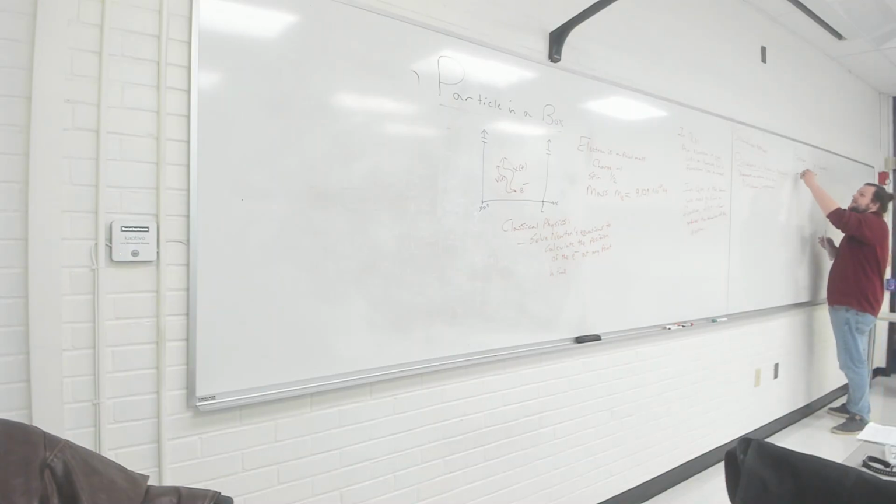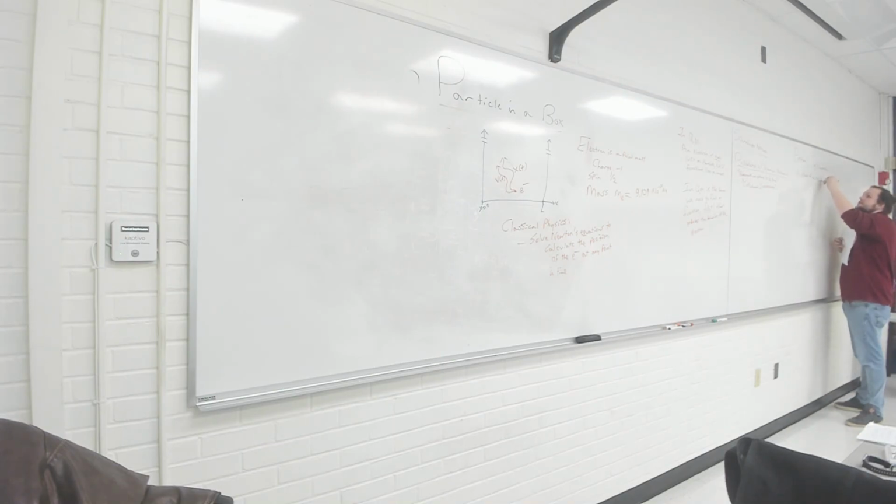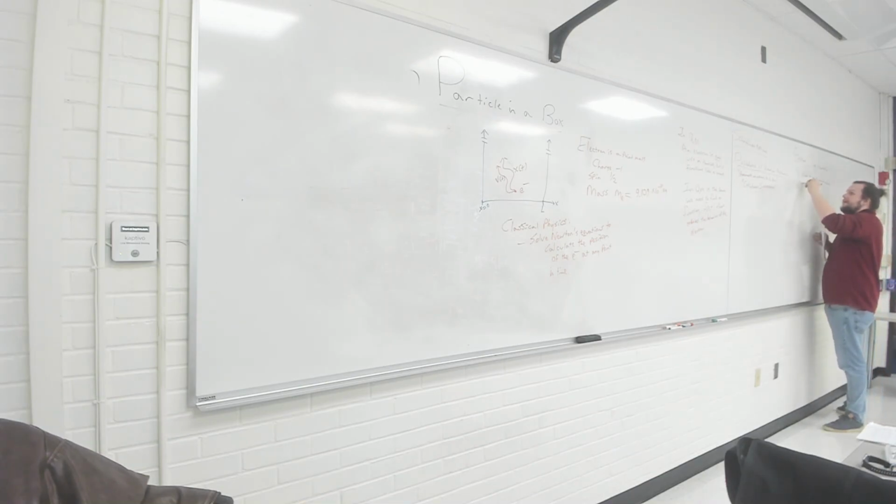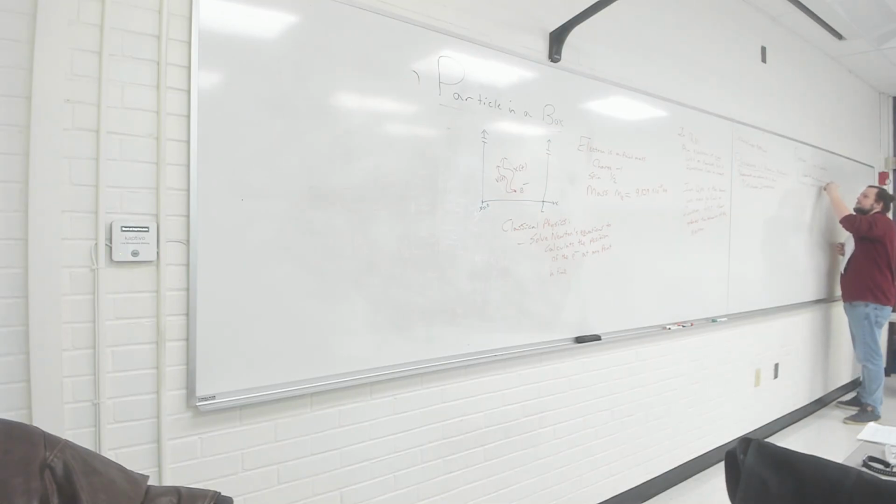Okay, so a state of any quantum mechanical system, like an electron, is completely specified.